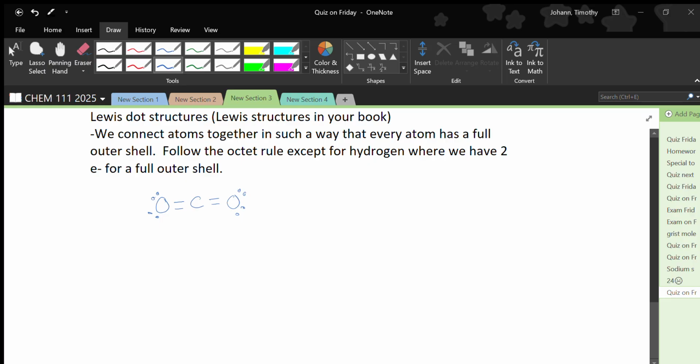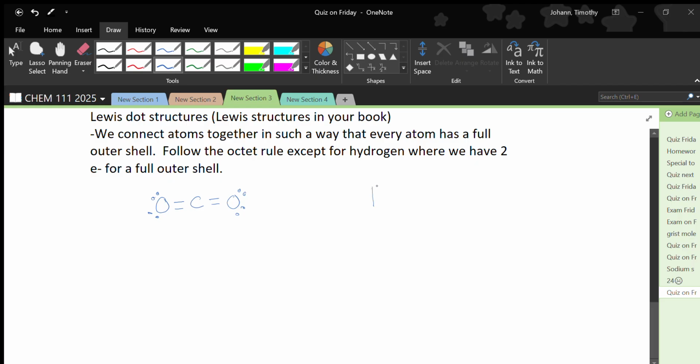Each dot counts as 1, and each bond counts as 2. There are 2 shared electrons in each of those bonds. These are double bonds. 1, 2, 3, 4, 5, 6, 7, 8 around this oxygen. 1 through 8 around this oxygen. And around the carbon, 1 through 8. Everybody has 8 electrons. Everybody wants to be a noble gas. That's a very stable molecule.